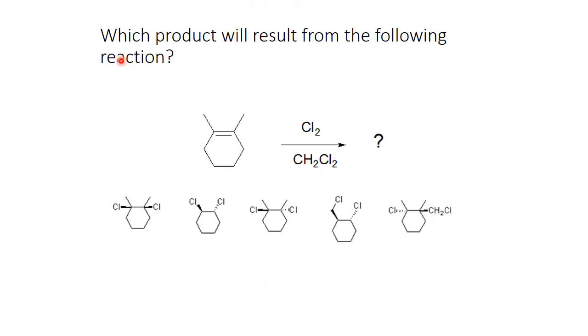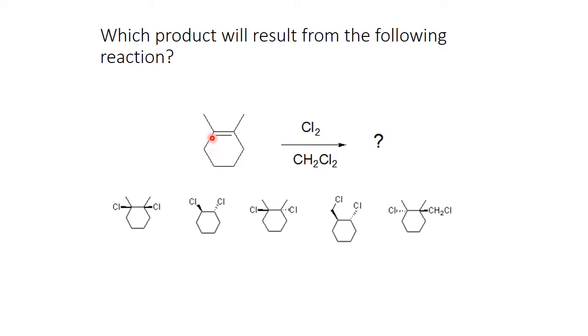Which product results from the following reaction? Well, if I look at this, remember that this is just a solvent. That's dichloromethane. It does not participate in the reaction, so we would exclude this as one of the possible products. Then we know that chlorine adds across double bonds.